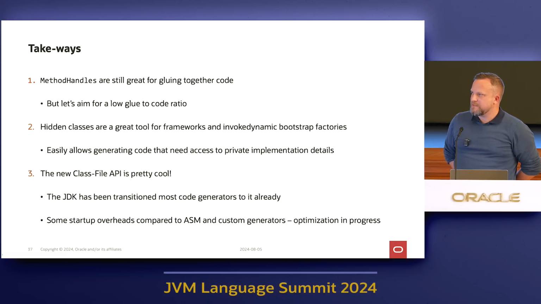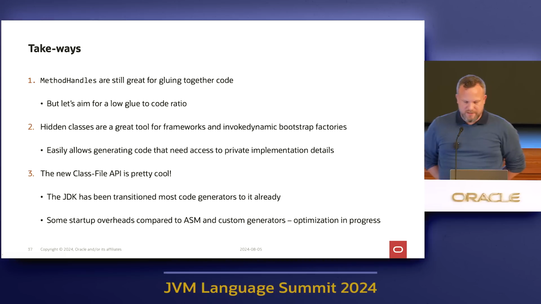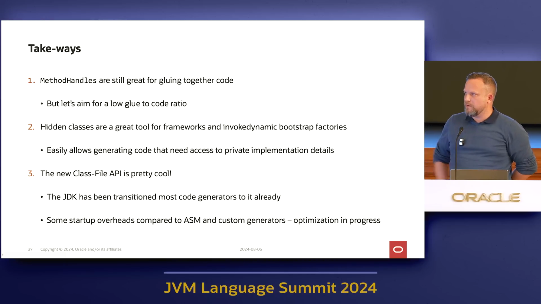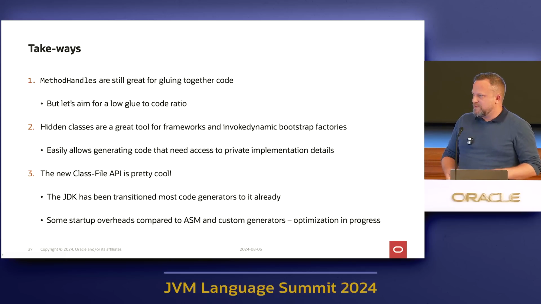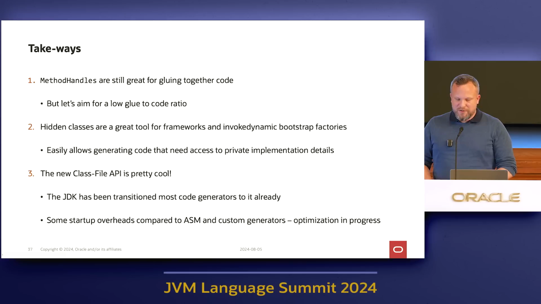We had these proxy code generators and such that now can consolidate on one single API. That's pretty nice. Just a quick note that there are startup overheads to the class file API, and we're looking at those. There's some optimization in progress.